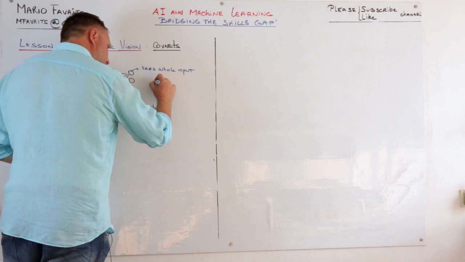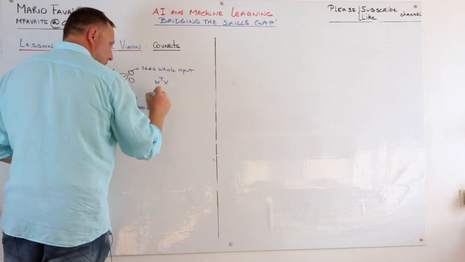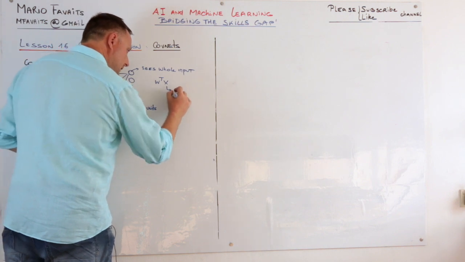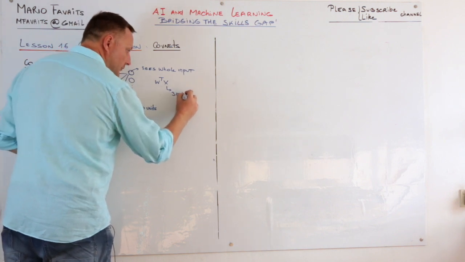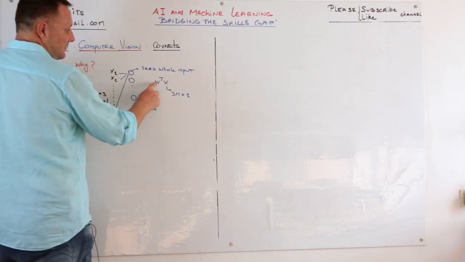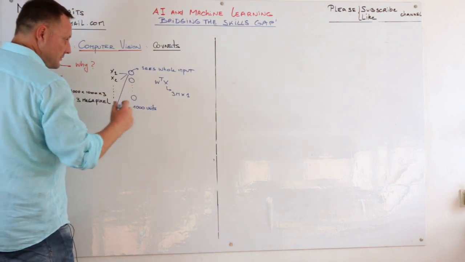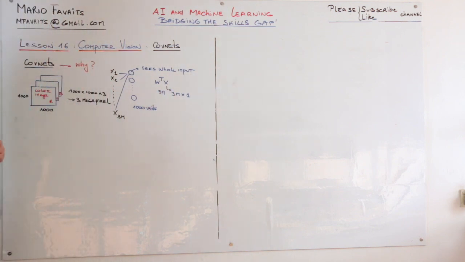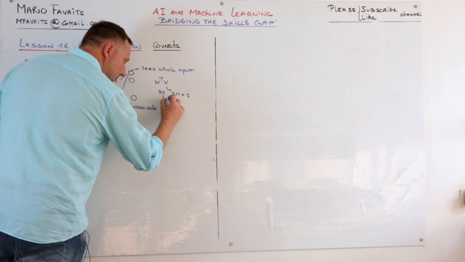And remember that we have to use W transpose X. X in our case is a 3 million times 1 vector. The W that connects these two must have 3 million columns, because these two need to be the same.